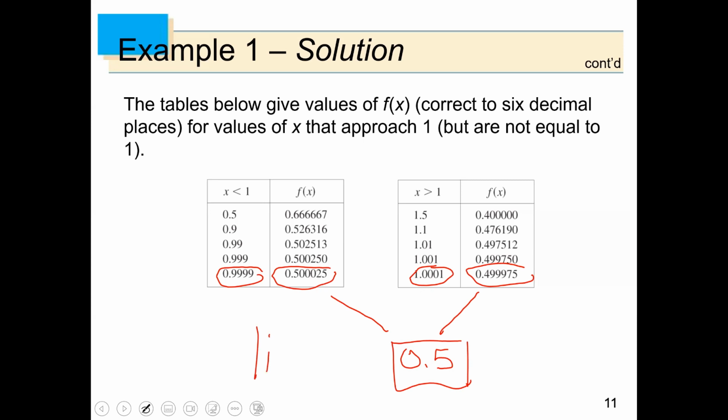So the limit of f of x when x is approaching 1 is equal to 0.5 because we find that left values, right values, they meet at the point 0.5. So this is the limit, in fact.